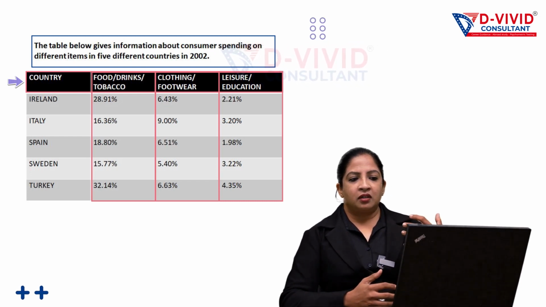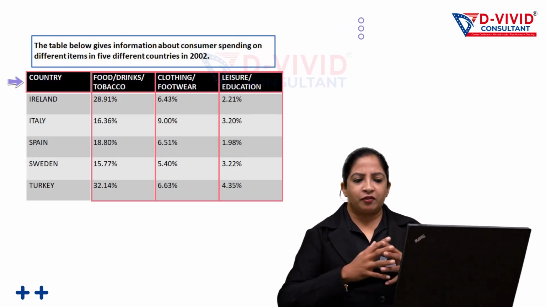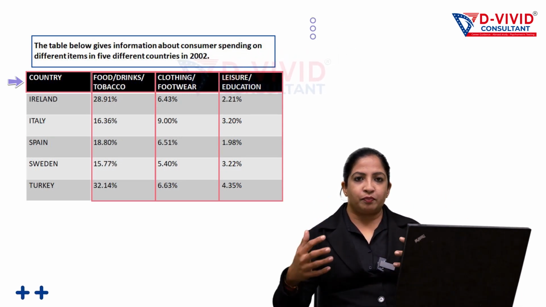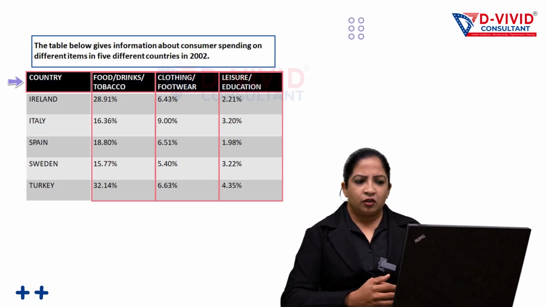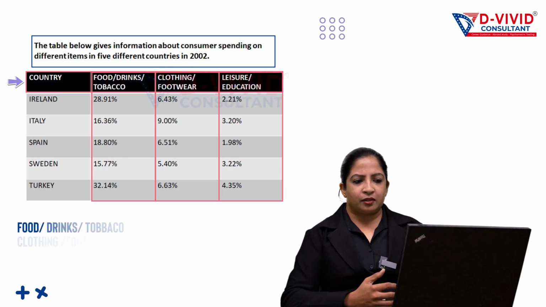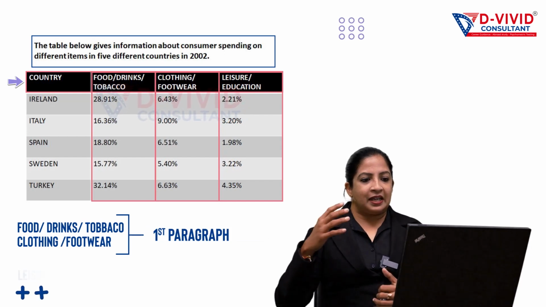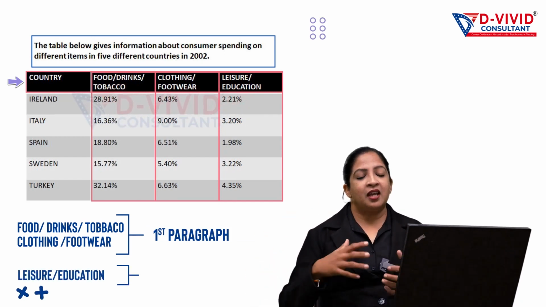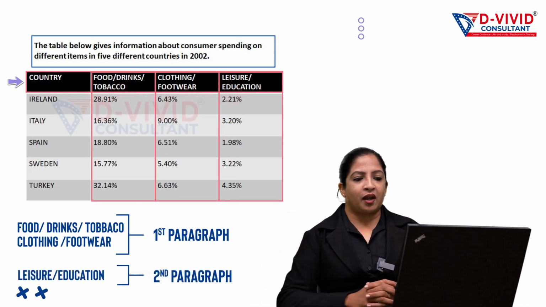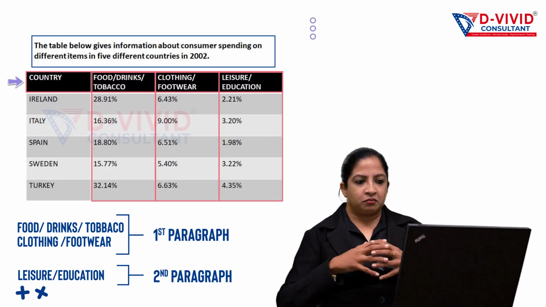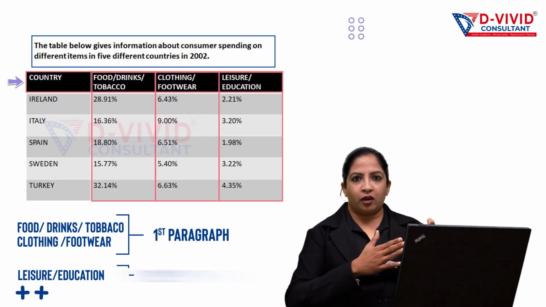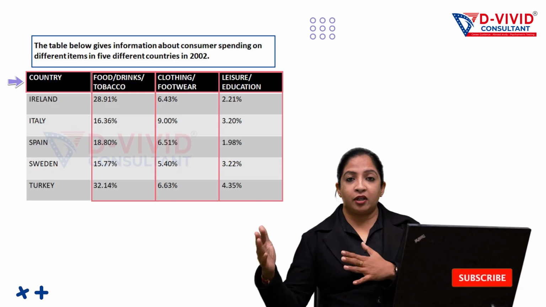Now, thinking about the bifurcation of the data into paragraphs, should I take food, drinks, tobacco, clothing and footwear in my first paragraph and leisure and education in my second? You might be wondering why I am making my body 1 larger than body 2.